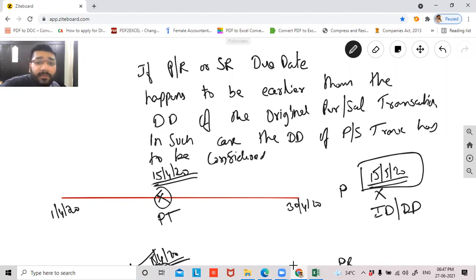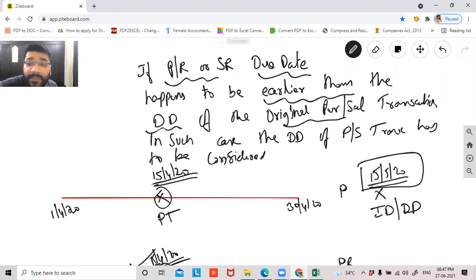If the purchase return or sales return due date is coming earlier than the original purchase and sale transaction due date, in such case, the due date of the original purchase or sale transaction will be considered. Please make a note of this.